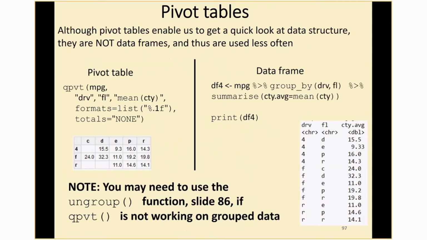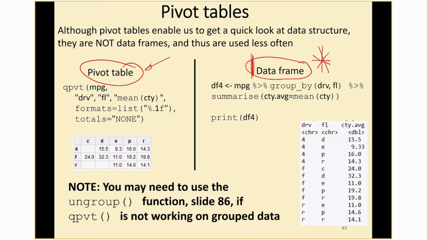So we've seen a couple different ways to get summary tables. There's the pivot table and the data frame. And for the most part in this course, we'll be focusing on data frames, because data frames will be the starting point of data visualization. Sometimes in order to understand your data, you might want to use a pivot table, but as I said, in this lab for this course, data frame is going to be our real workhorse.